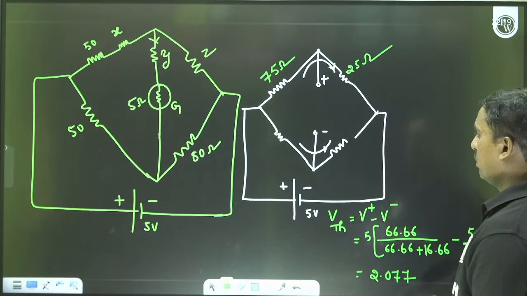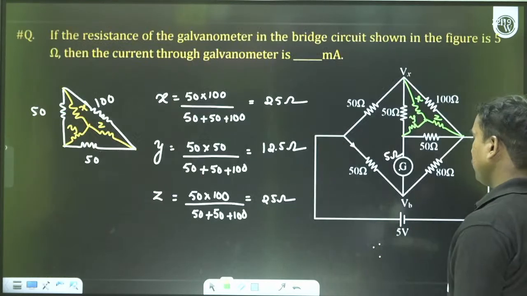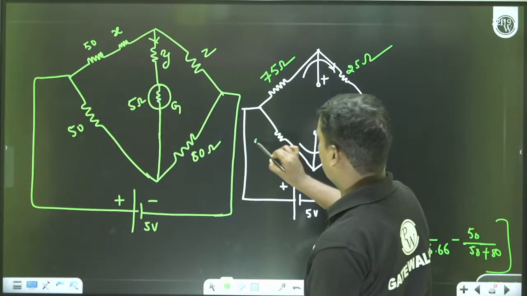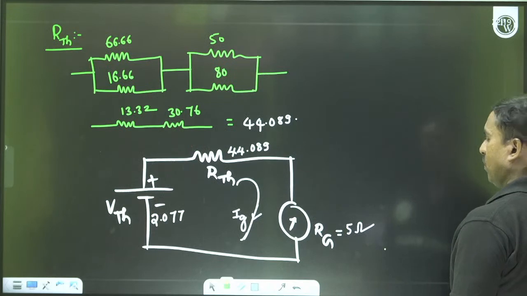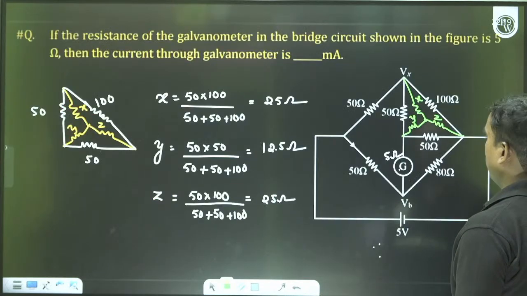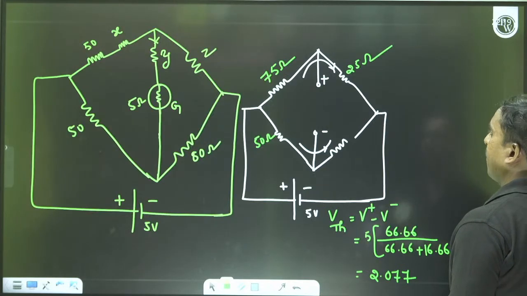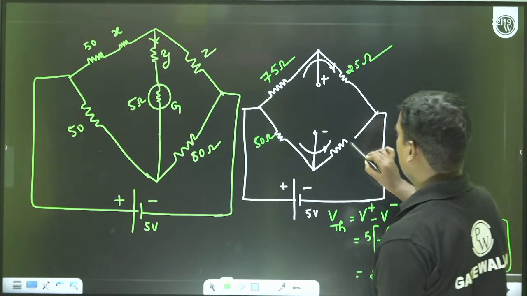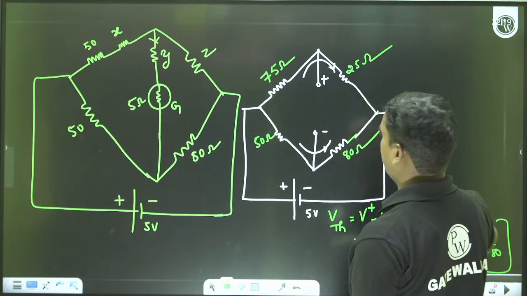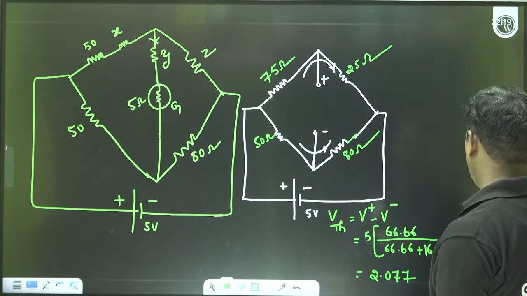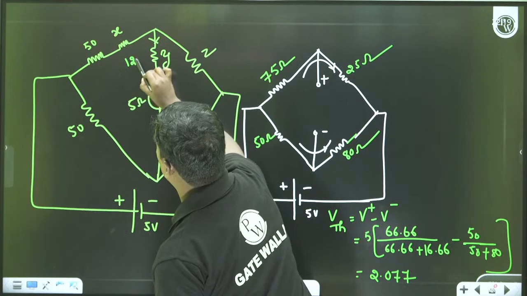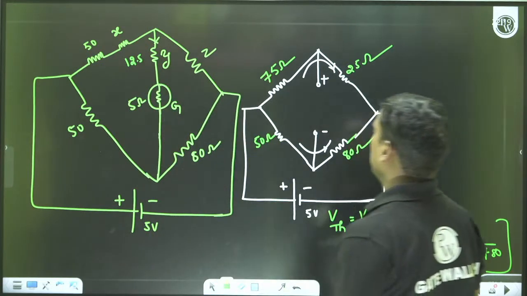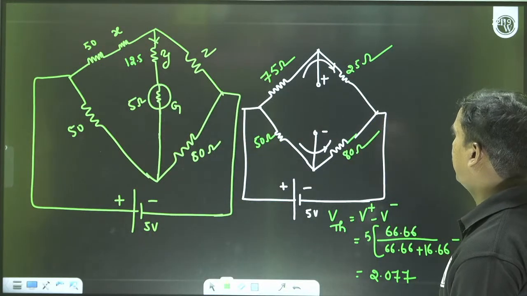Next, this is 50 as it is, and this as it is. What about Y? 12.5. The current passes, remember that. Okay, done.